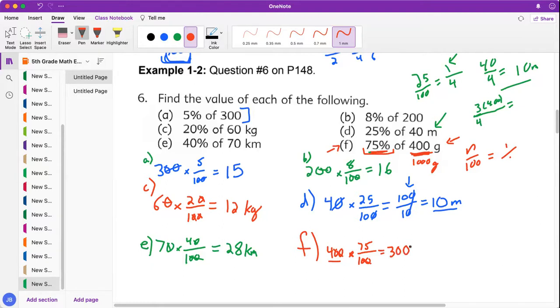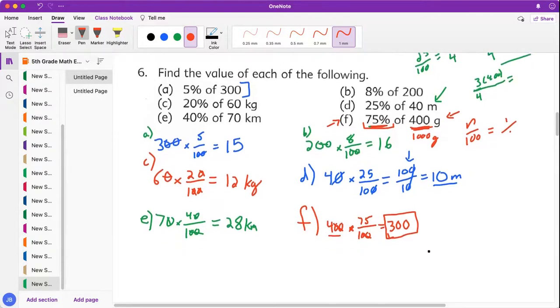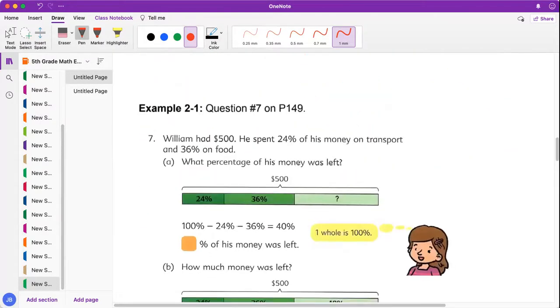That sounds good to me. Yep, and that's our answer. So 75% of 400 is 300. Does that make sense? Perfect. Does that make sense for everybody else? Are we doing well? Any questions, comments, or concerns? All right, we'll keep on going.